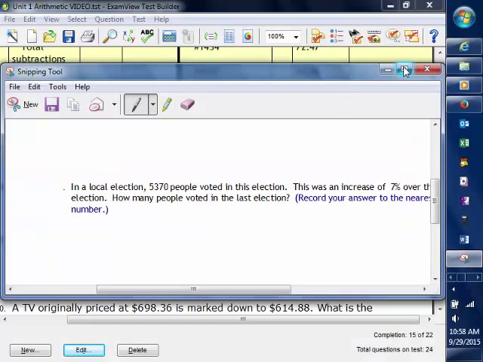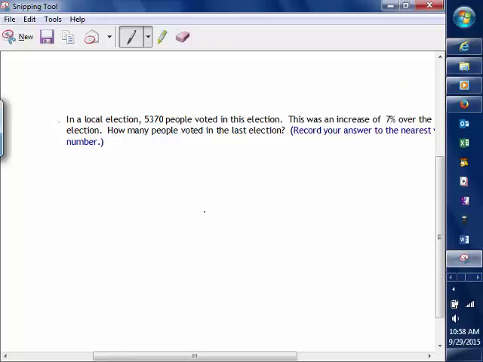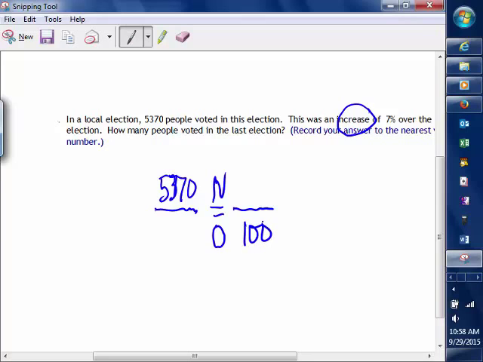In a problem in which they have the old and the new, it's always based on the old. And the new is 5,370 people. That's an increase of 7%. Since this is 100%, increase 7 makes this 107.